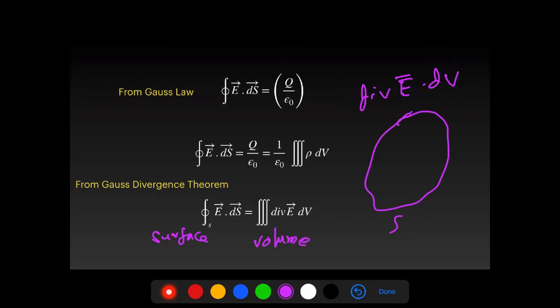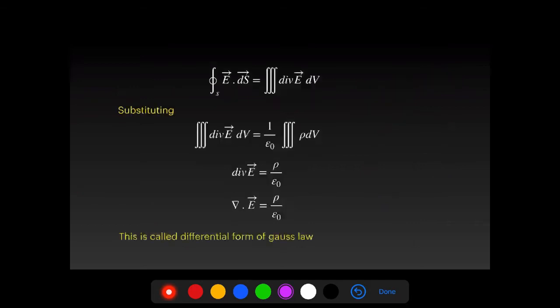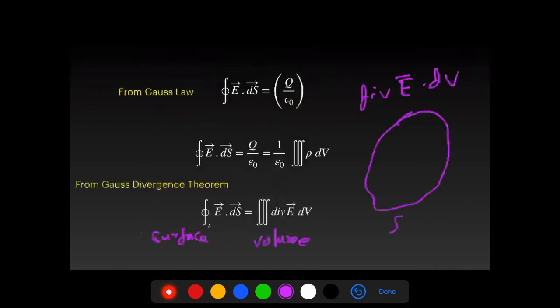So the surface integral of E bar dot ds bar equals the volume integral of divergence of E bar dv. Now on substituting, as we have seen before, E bar dot ds equals 1 by epsilon naught triple integral of rho dv.